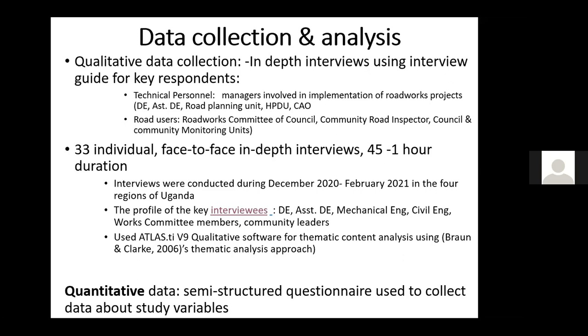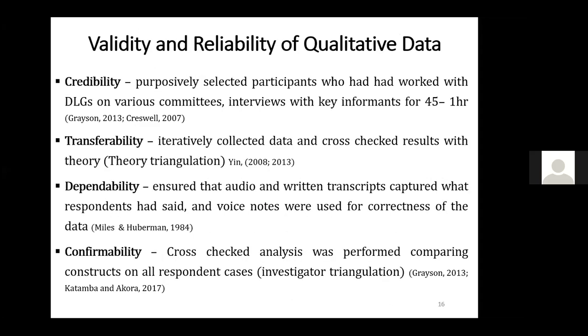In terms of quantitative data, we used a structured questionnaire to collect data, and this questionnaire actually came from the data from interviews that informed the design of a quantitative tool, since we couldn't come up with a universally tested tool for testing this procurement performance expectation gap.